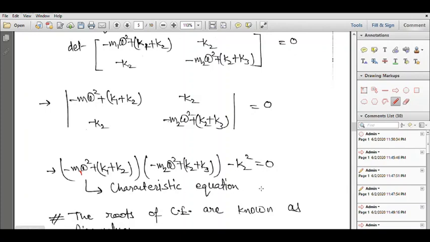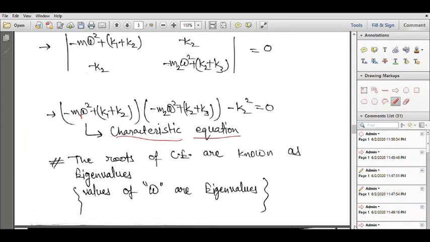Now this equation is called the characteristic equation. The roots of this characteristic equation are called eigenvalues. Remember, the roots of the characteristic equation are called eigenvalues.